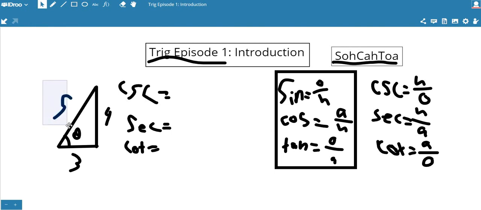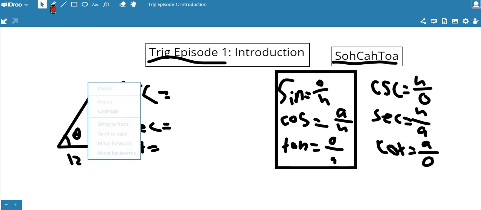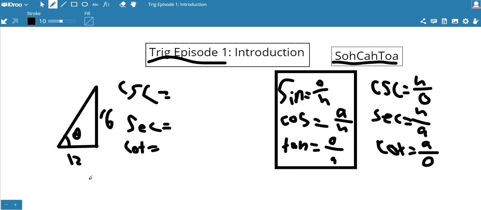So I'm going to change the sides up here a little bit. Let's say this side is 12, 16, and 20.